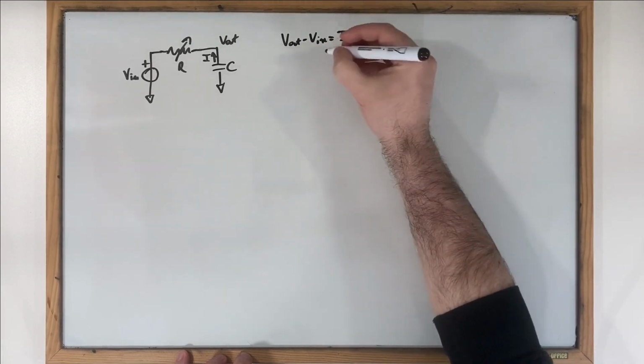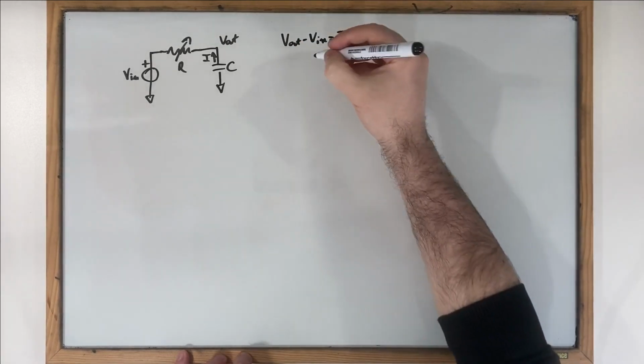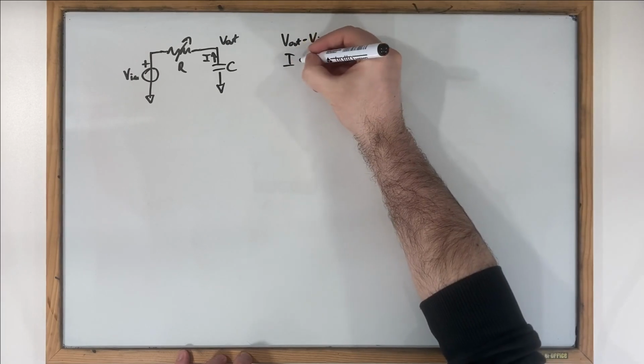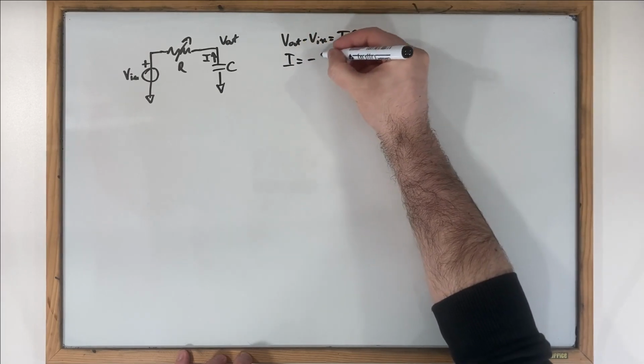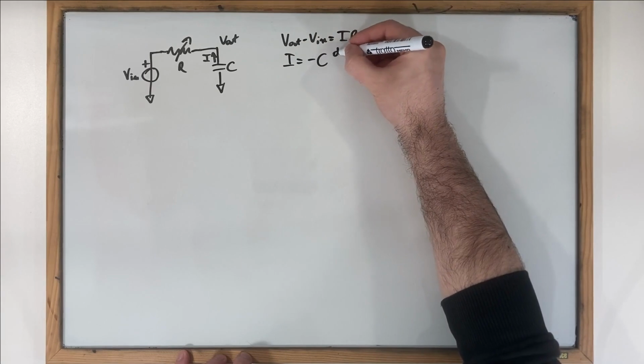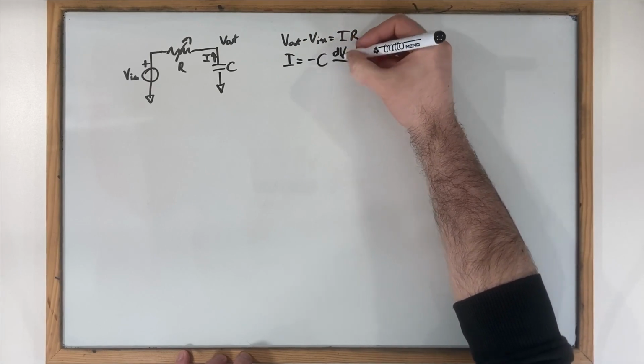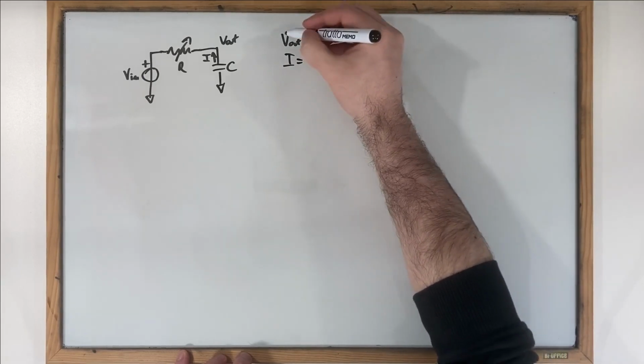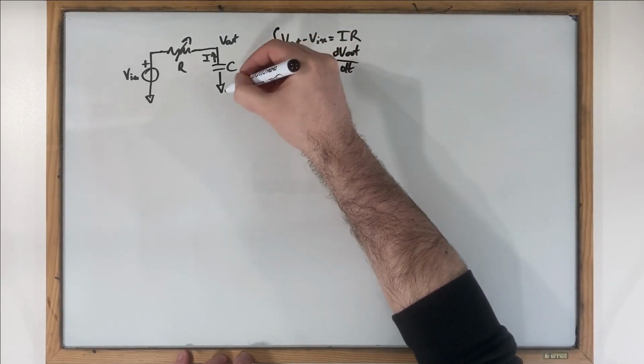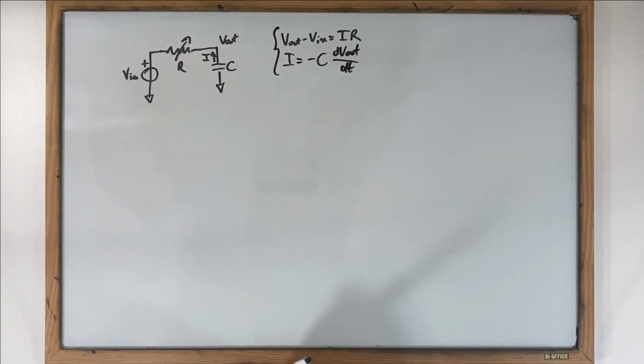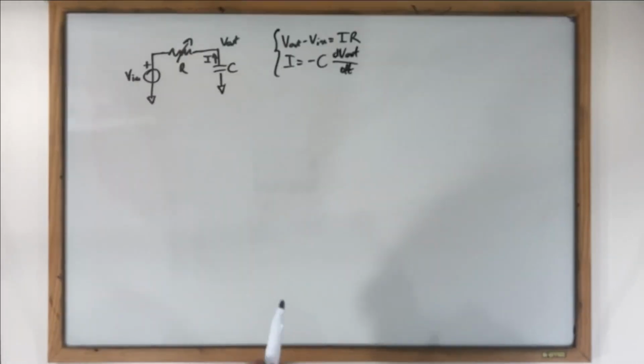And then for the capacitor, we have that the current is equal to minus C times the derivative of Vout over t. The minus might look strange, but it's because of how we've chosen the direction of the current in this case.